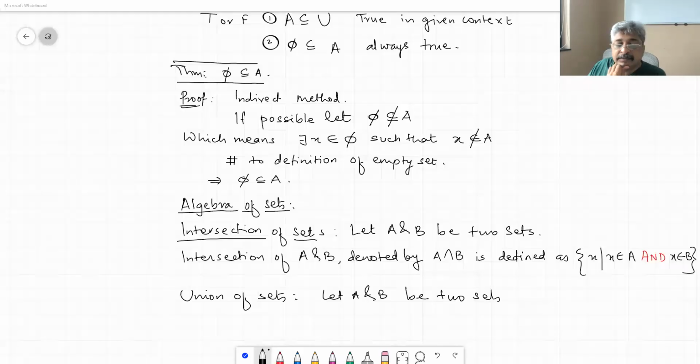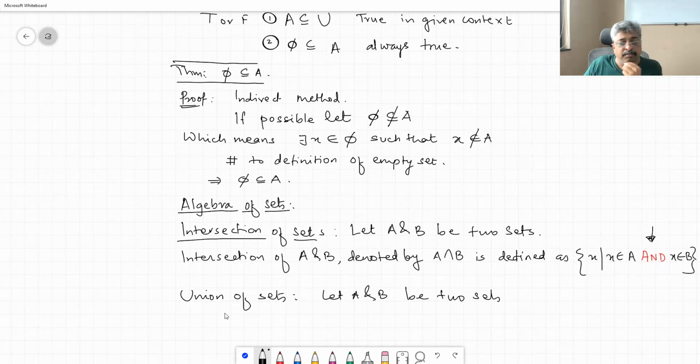Okay, the definition of intersection of two sets, in set builder form, is all those X such that X belongs to A and X belongs to B. And this and is important. The element must be in A and the element must be in B. Then that element will belong to A intersection B.